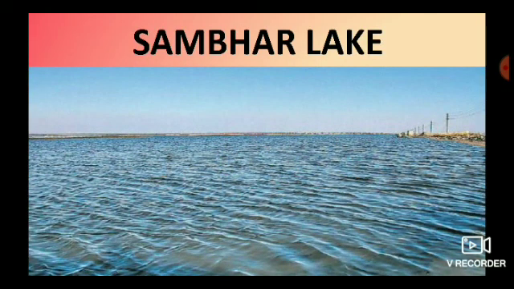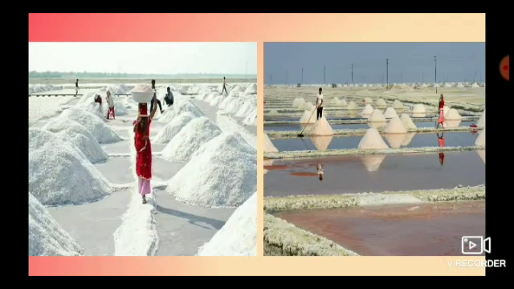So next, Sambar Lake. We have heard about many lakes, and in the desert also, in Rajasthan, many lakes are found. Out of that, Sambar Lake is one of the famous lakes, where a large amount of salt is produced. From there they transport it, do all the processing, then chemical processes are carried out in the industries, and it is distributed to all the places.